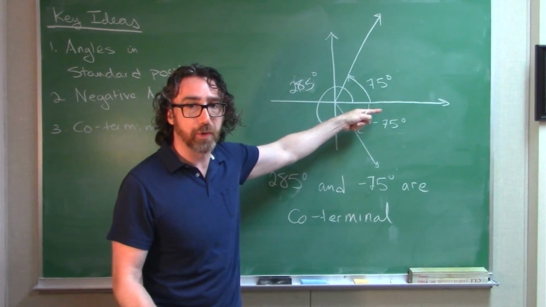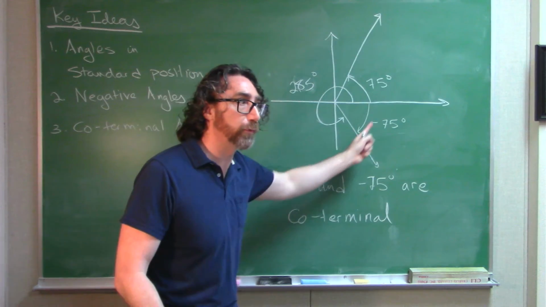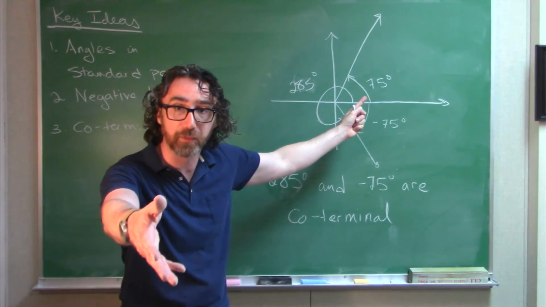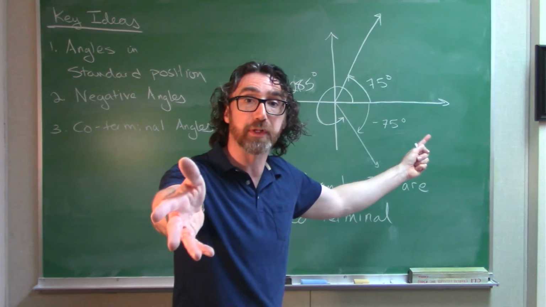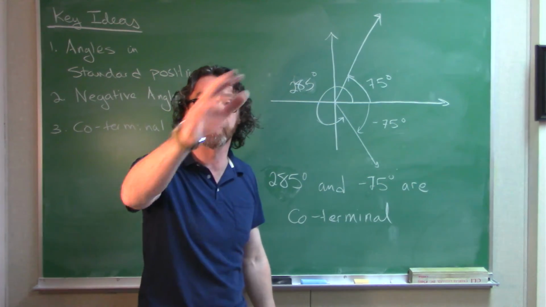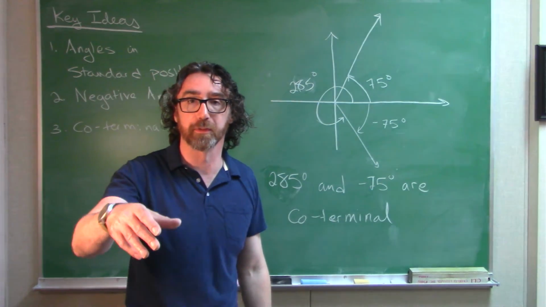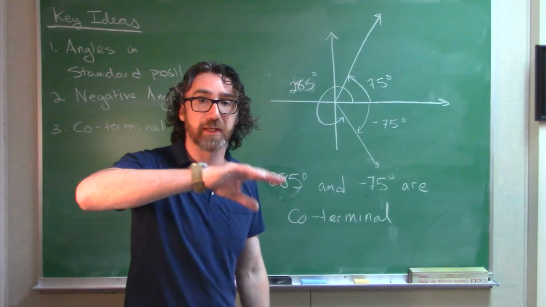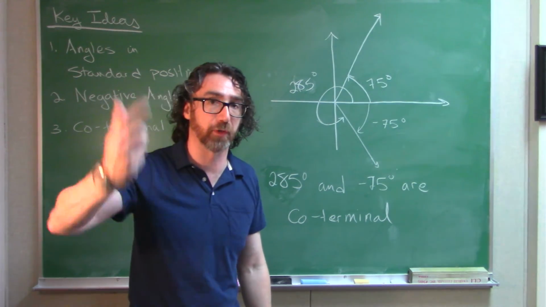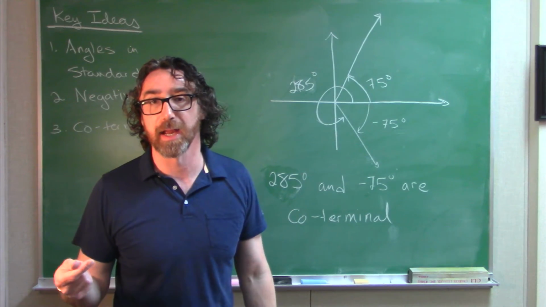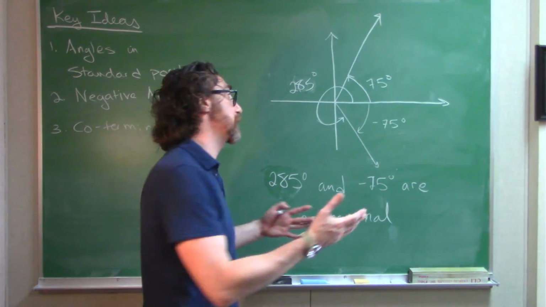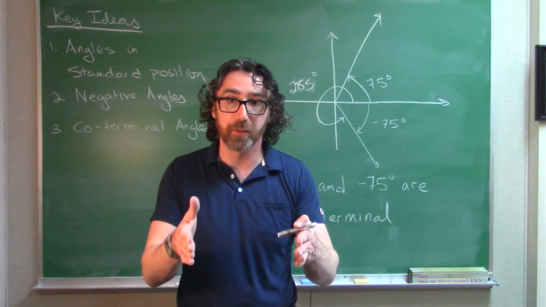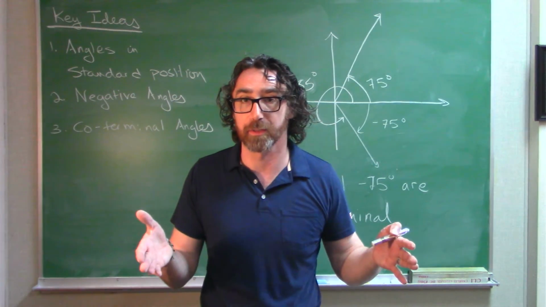That would be coterminal with going around the full 360 and then going an additional 75 degrees, getting you to 435. So 75 and 435 would be coterminal. Okay, there's an infinite number of coterminal angles. You just got to throw in a full 360 and it'll get you to the same place, because doing a full 360 would be turning completely around and you end up where you started.